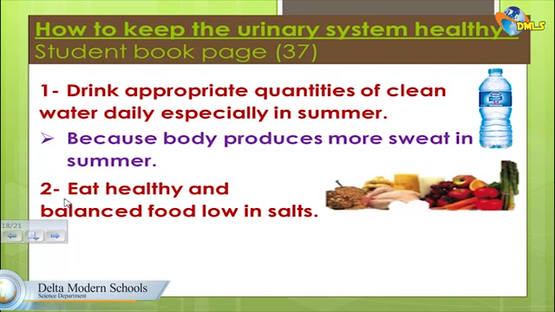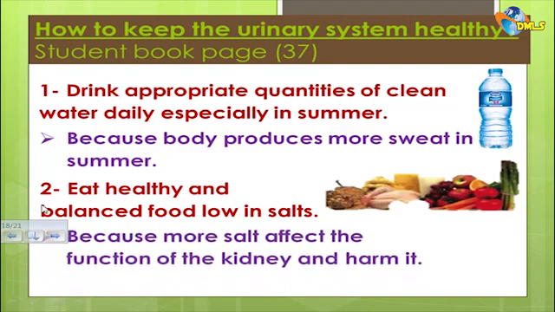Number 2, you can read it loudly. Eat healthy and balanced food low in salts. Why? Give the reason. Because more salt affects the function of the kidney and harms it.